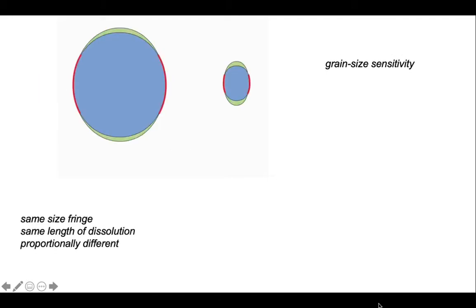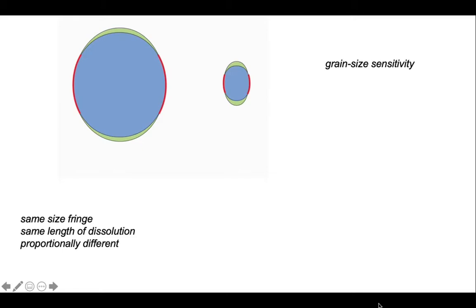So let's say we've dissolved away 0.5 millimeter of grain. We have the same length, therefore, of dissolution, and we've precipitated the same amount of fringe, top and bottom, of the grains. But these are proportionally different, because our 0.5 millimeter of solution represents a greater proportion of the smaller grain than it does for the larger grain.